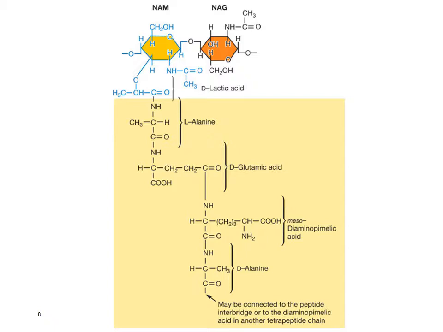So the presence of these D amino acids protects the peptidoglycan from degradation by most peptidases. Peptidases are enzymes that generally cleave proteins or peptides. And these peptidases generally only recognize L isomers of amino acids. So this makes peptidoglycan quite a tough substance.